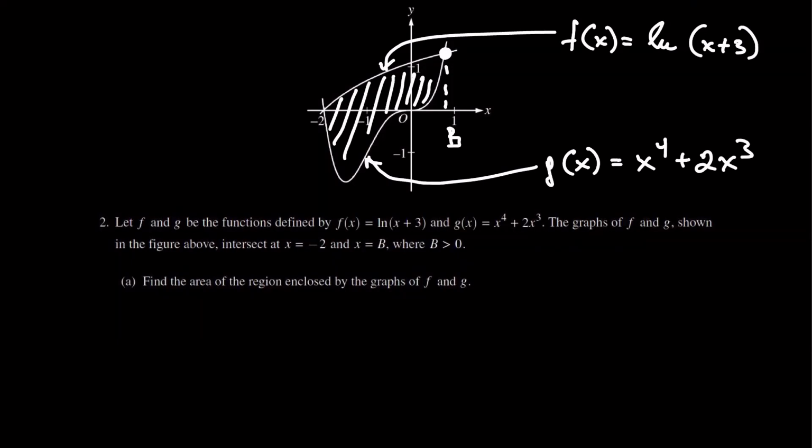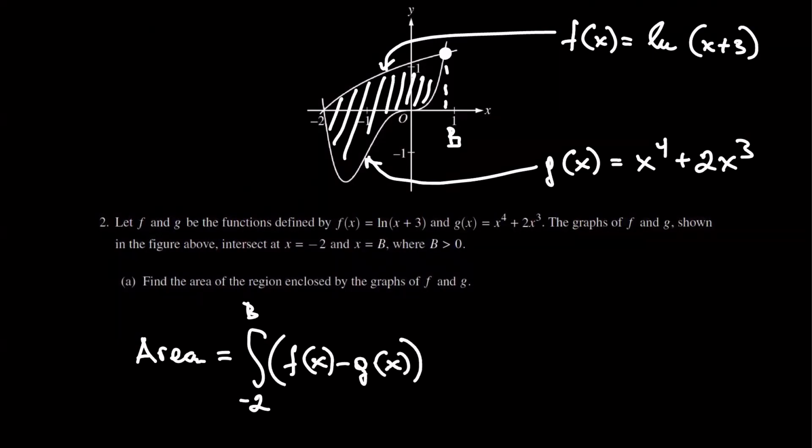And so what is the area that is enclosed by the two graphs? It's the integral, in this case, from -2 to b of the function f of x minus g of x dx.